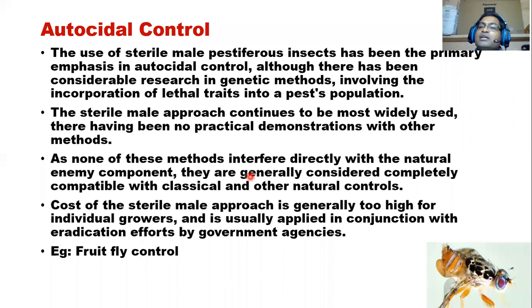By using gamma rays and X-rays, they convert the males of an insect into infertile males. This is fertility control. If the males mate with the females, they will not produce viable offspring. Sterilizing the males by using gamma rays and X-rays.